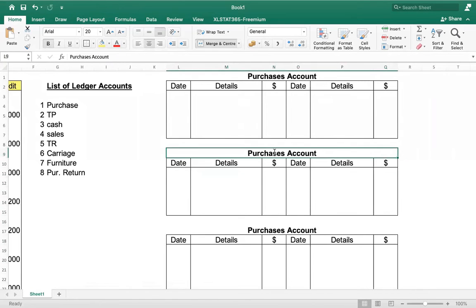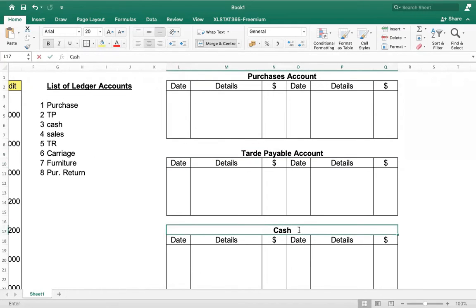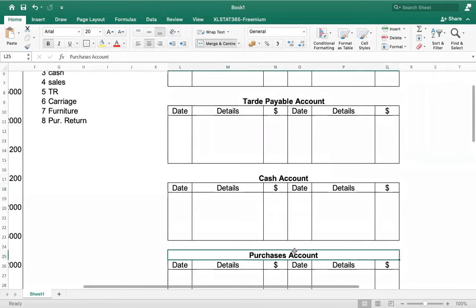The second account will be trade payable. Third is cash account. Fourth is sales account.